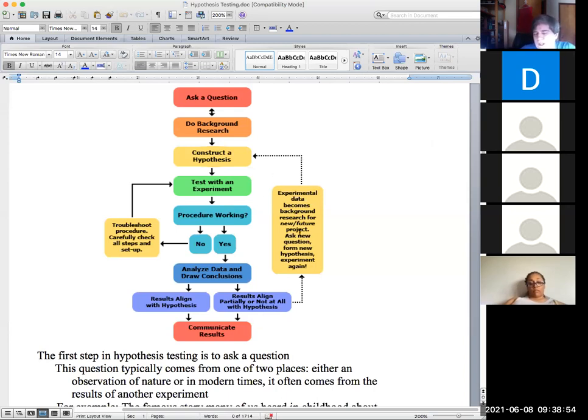So you don't just get to modify your hypothesis and say, well, now it's correct. You have to go through the whole process of running the experiment, analyzing the data, and figuring out what the data means. Now, basically, these are things that we should do with any type of information that we're trying to establish scientifically.